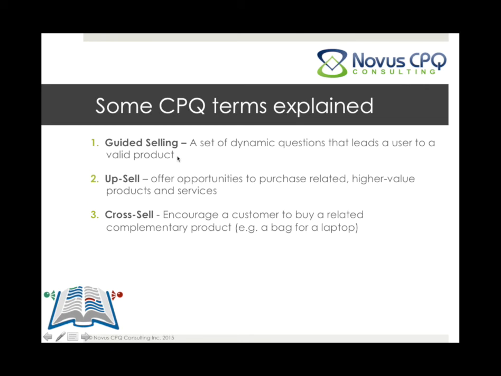I'm looking for a printer. I want to print 20 pages a day. I would prefer ink, and I would like to limit my spending per month to around $200. So what kind of printer can you recommend? When I put these questions together, the CPQ tool can recommend products to you and help you find your product based on these questions. And that is really what guided selling is.